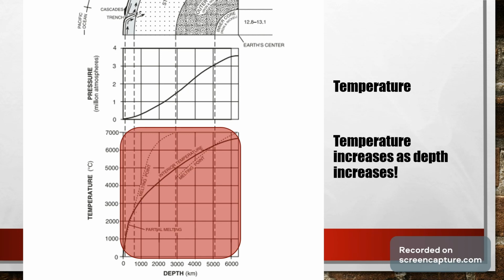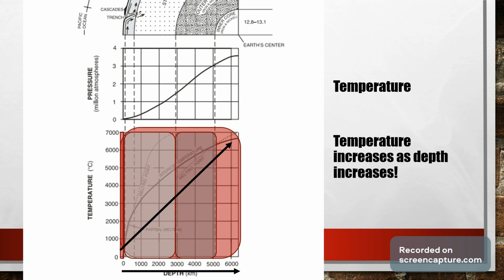This is the temperature that a rock has to reach in order for it to melt and become liquid. Just like the pressure diagram, we are increasing as depth increases. And we have our different segments. We have the crust on the left, the mantle, the outer core, and the inner core.